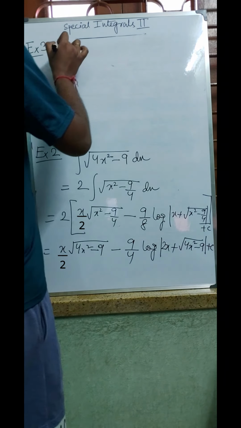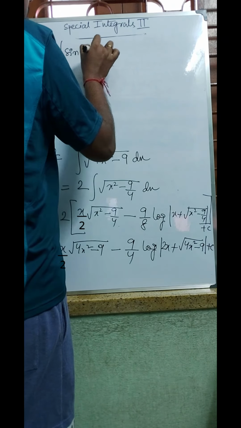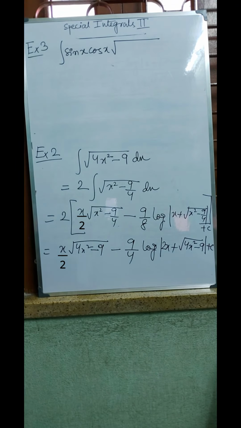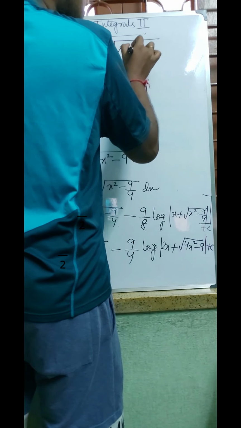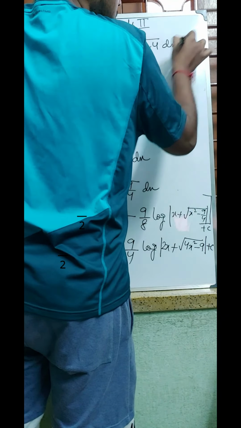Yes, got it. So this is integration sine x cos x root of sine to the power 4 x plus 4 dx.